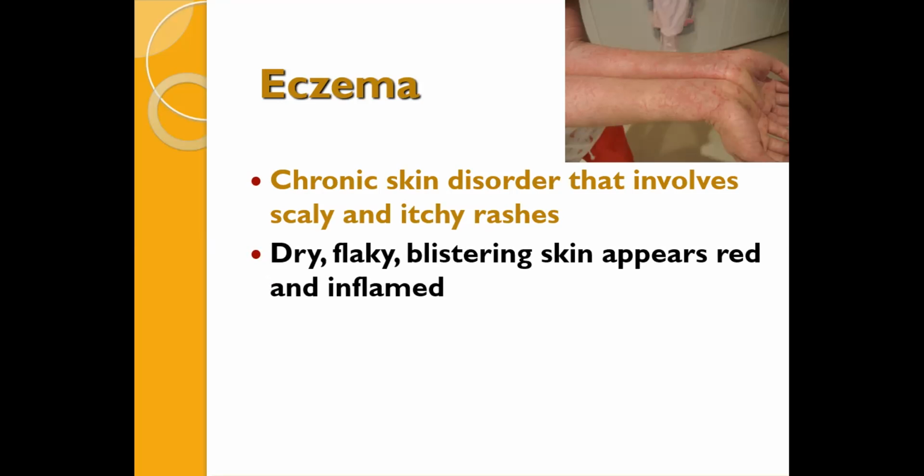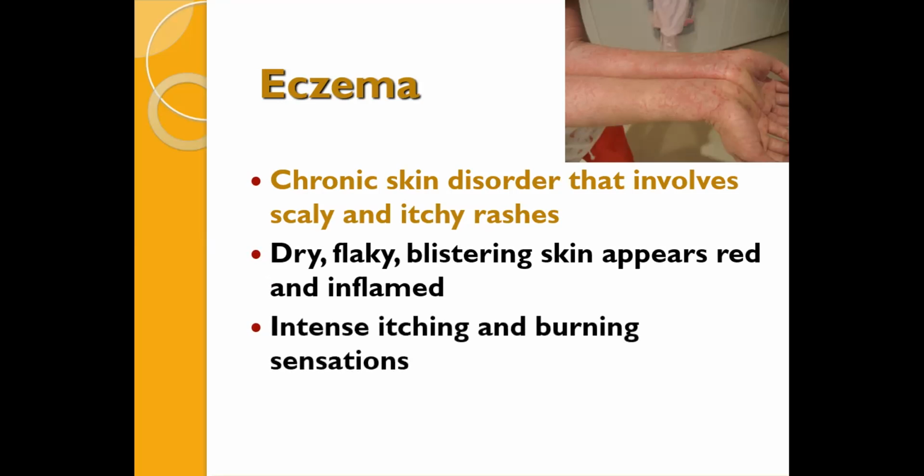Common signs are dry, flaky, blistering skin that appears red and inflamed. Remember, red is an inflammation sign or symptom. You just want to keep itching and itching and itching, and it has a burning, which makes you want to itch even more. Then it burns more, and you want to itch it more.